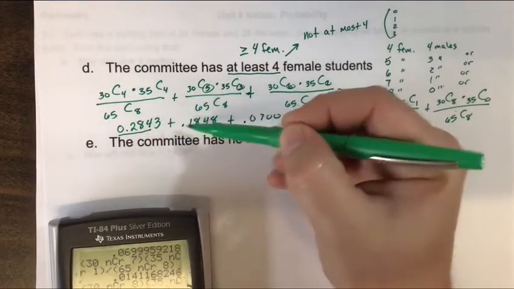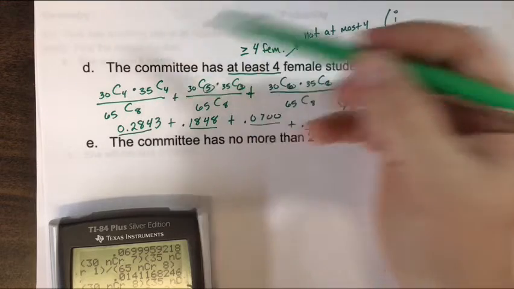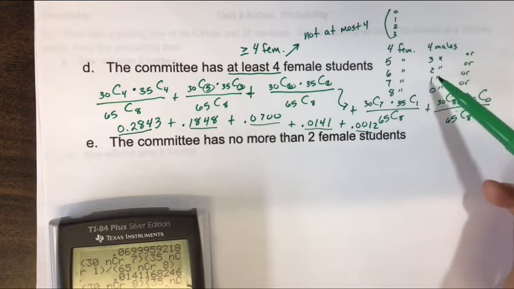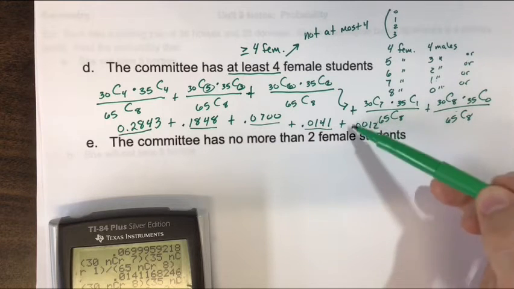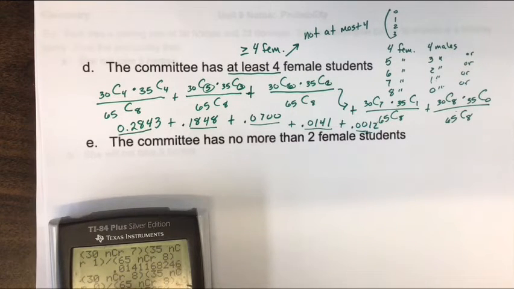Okay, we have all these decimal probabilities for whether we're choosing 4 and 4, 5 and 3, 6 and 2, 7 and 1, or 8 and 0. So that's your last probability there. So we're going to add those all up. 0.2843 plus 0.1848 plus 0.0700 plus 0.0141 plus 0.0012.